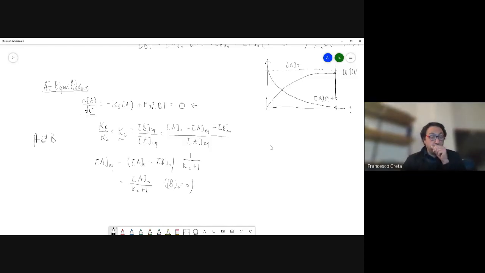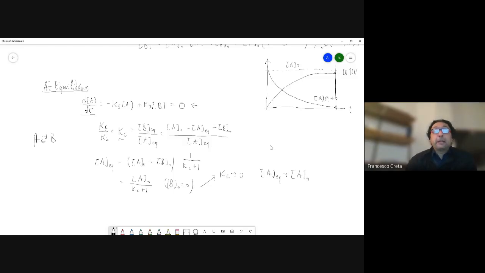So you see that for Kc tending to 0, so the equilibrium constant going to 0, the equilibrium concentration of A tends to simply A0.